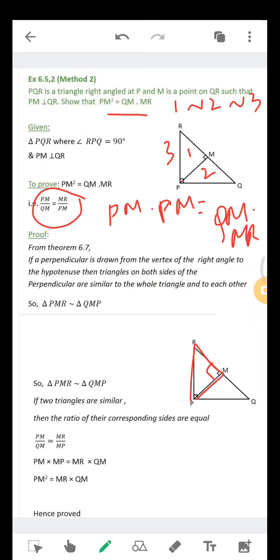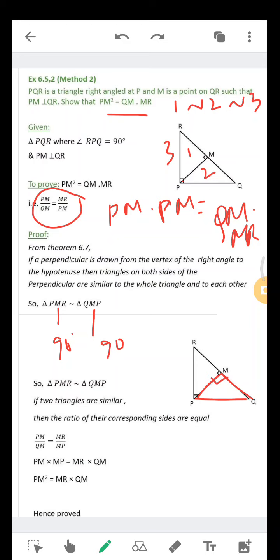The right angle is coming at M. M is 90 degrees here. And QMP, where is the right angle coming here? At M. So M is the right angle and M is at the second position, so we kept 90 degrees in the second place. PMR, QMP. So triangle PMR and QMP are similar.